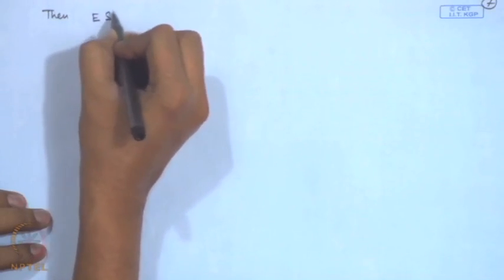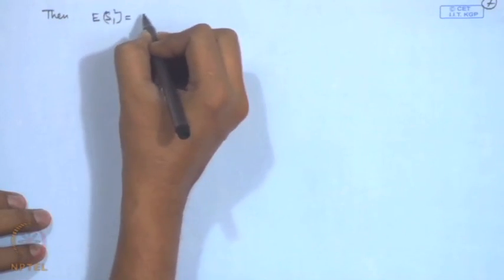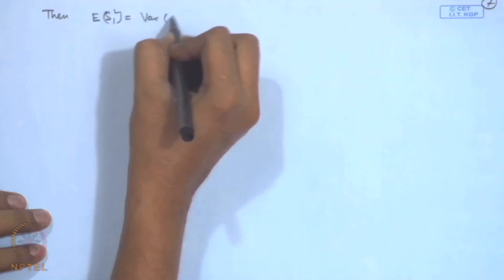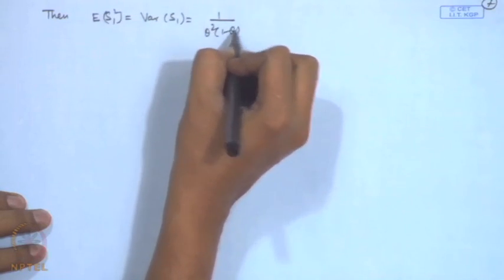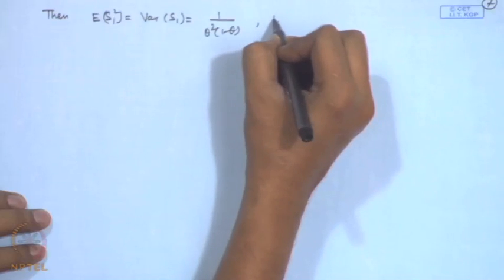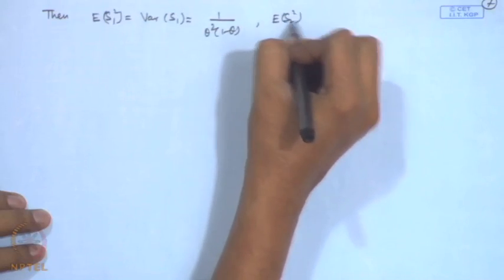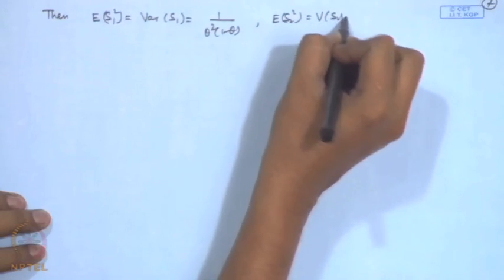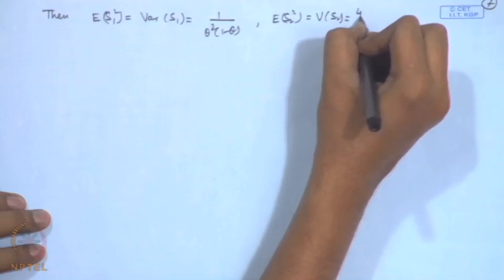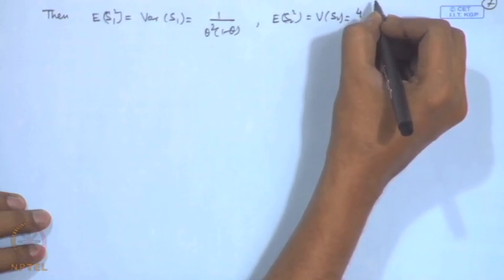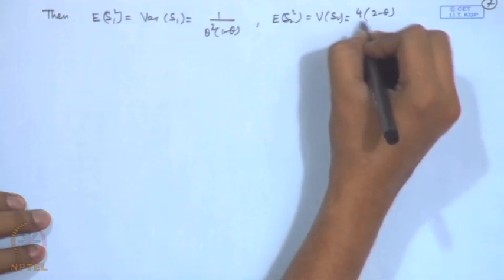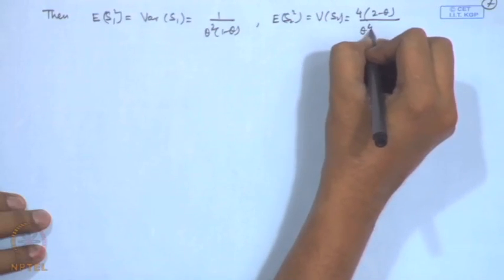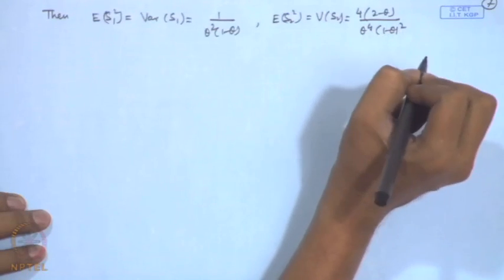expectation of S 1 square, that is variance of S 1, as 1 by theta square into 1 minus theta. Expectation of S 2 square, that is variance of S 2, is equal to 4 into 2 minus theta divided by theta to the power 4 into 1 minus theta square.